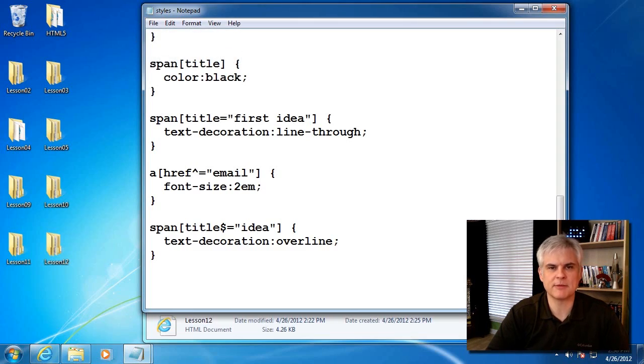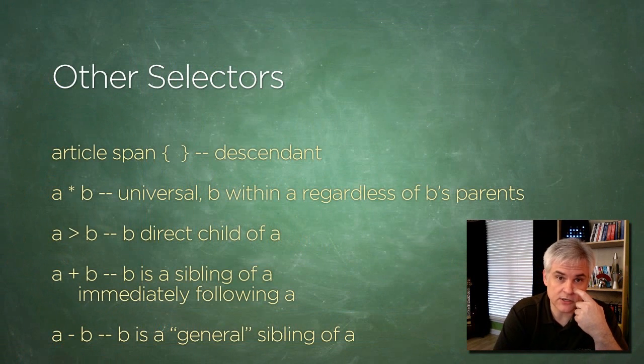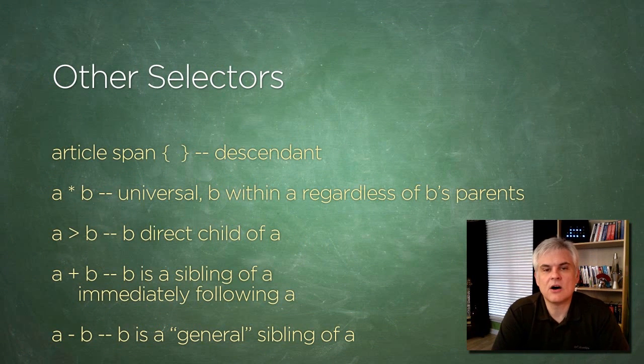Let me just pop them here on screen. There are descendants. So in this case, article span would select all span elements that are descendants of article, as opposed to span elements that are descendants of section or some other tag. Then there's where you can use an asterisk character, which means universal.